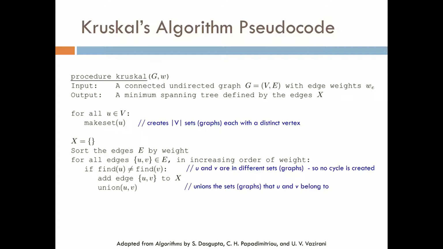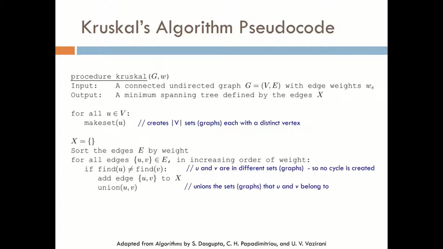The edges in the graph are then sorted and placed into a min queue, and so the edges are pulled off in increasing order, meaning it's a minimum queue.